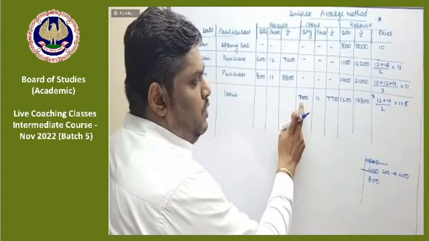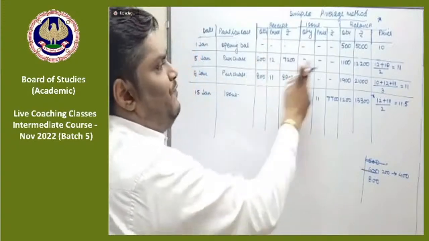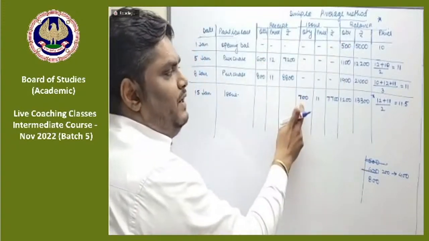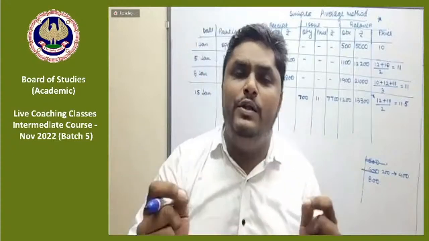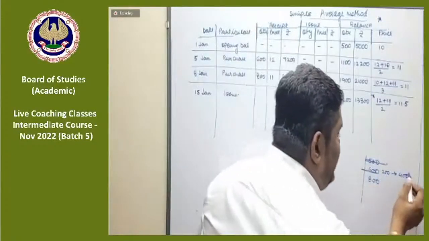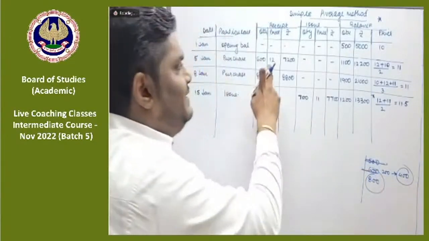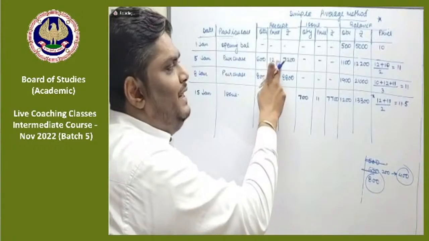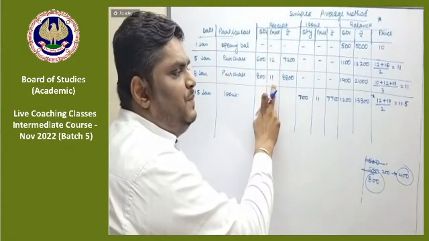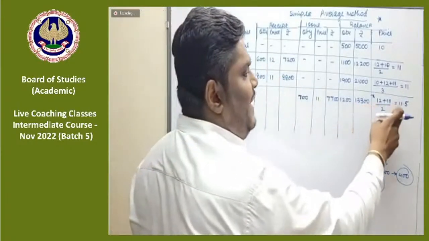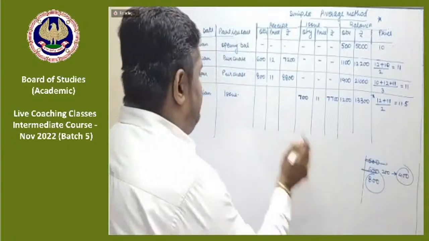So when talking about the closing balance, we have only two types of raw material: purchased at the rate 12 and purchased at the rate 11. So the price will be calculated accordingly.